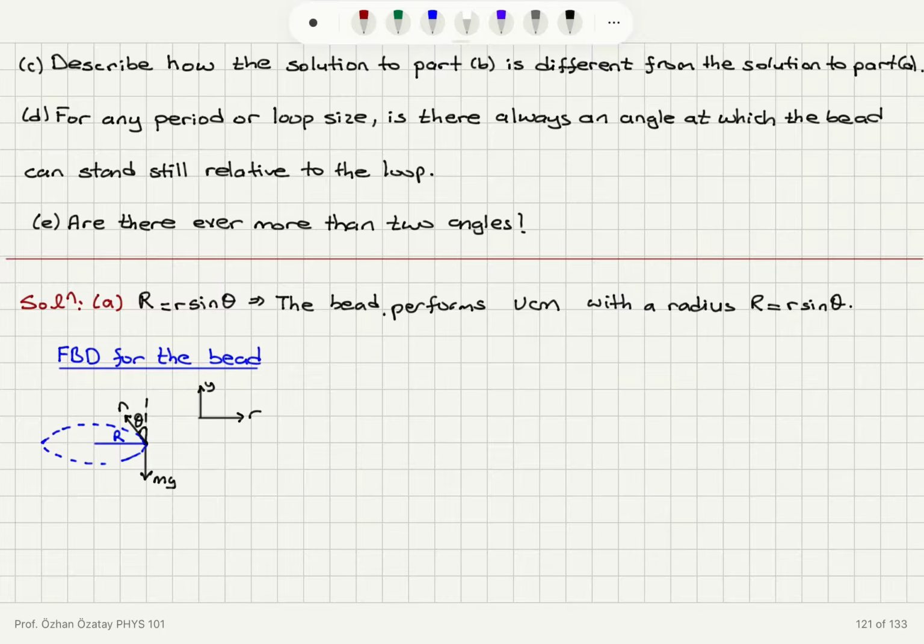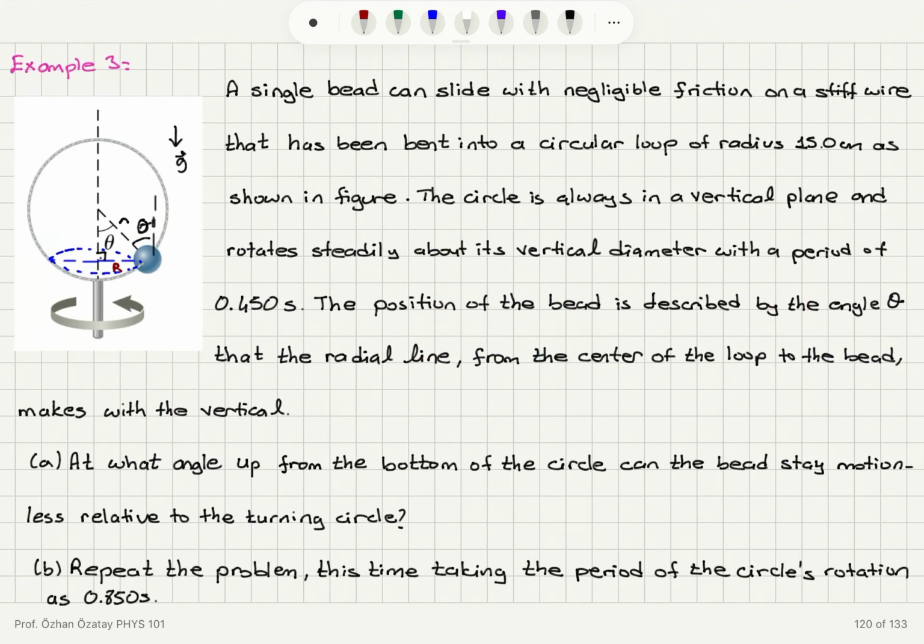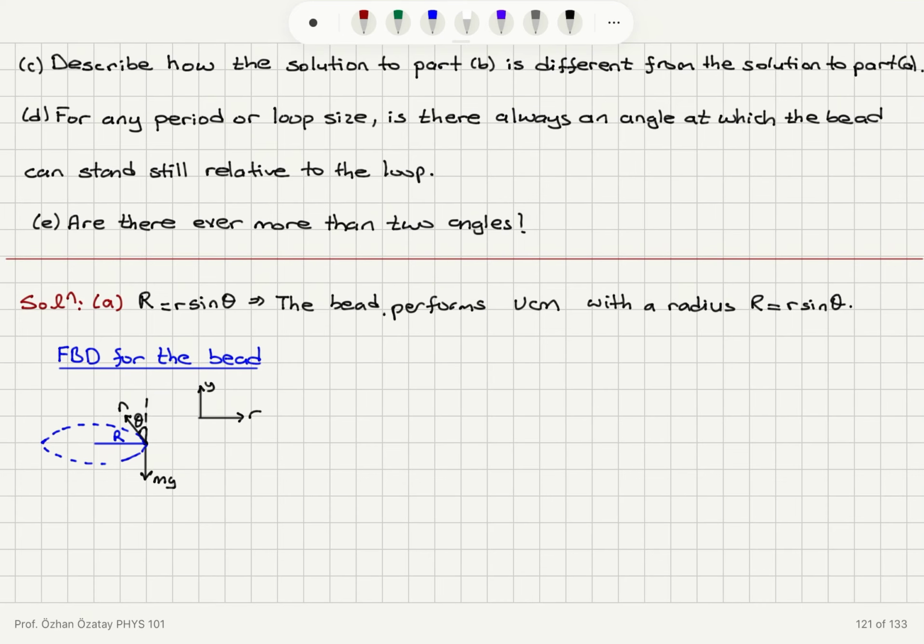Now, when I look at the free body diagram for the bead, I see that because there's a gravitational acceleration pointing down, it has its weight, and because it's in physical contact with the circular wire, there will be a normal force acting on it, which makes an angle theta with the vertical. So this is my y-axis, this is my radial axis.